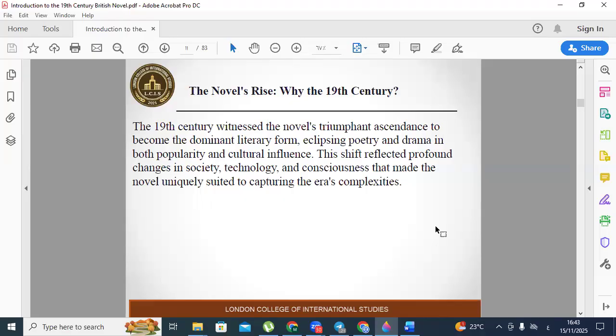Understanding why the novel rose to prominence helps us understand not just literary history, but larger cultural transformation. The dominance of the novel reflects modernity itself: the rise of print culture, individualism, psychological exploration, and the belief that ordinary life deserves serious artistic attention.